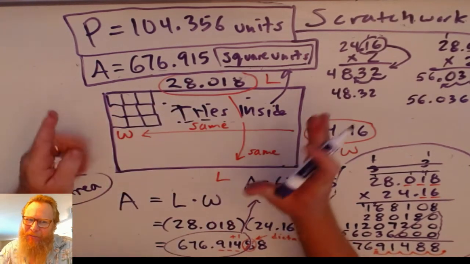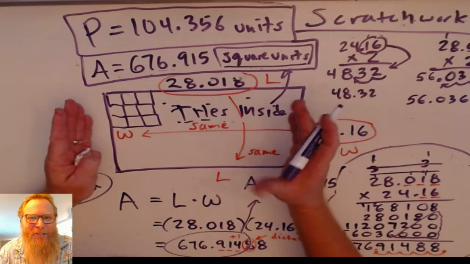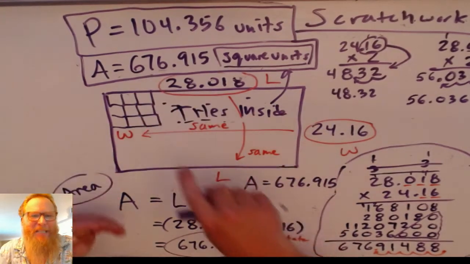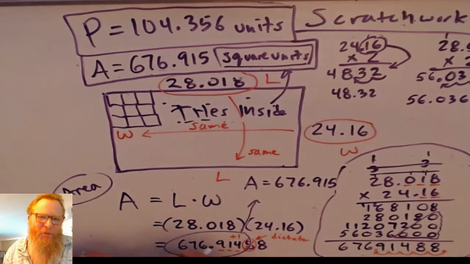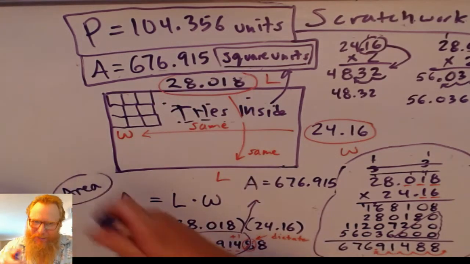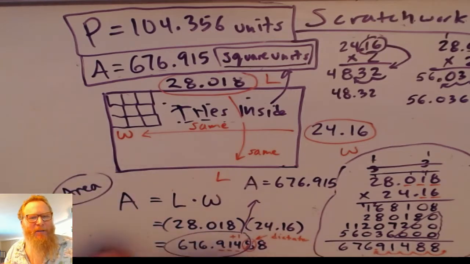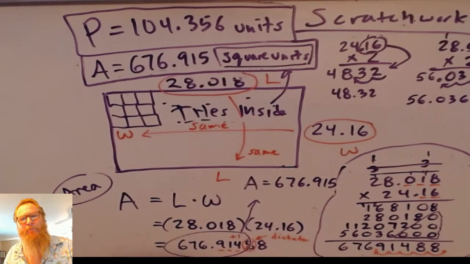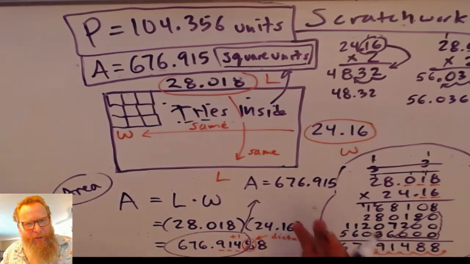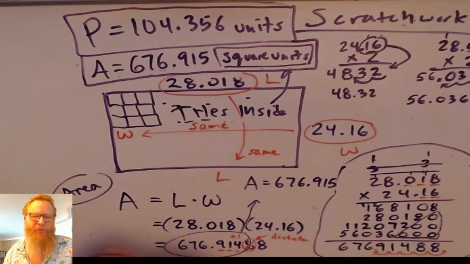In real life, if this were your kitchen or your bathroom, you'd probably just do 677 because 0.915 is almost a whole square unit. But you might have to use a tile cutter to make that one fit. So it's not going to be exactly 677. It's going to be 676.915. Okay, so that is area and perimeter of a rectangle with decimals.